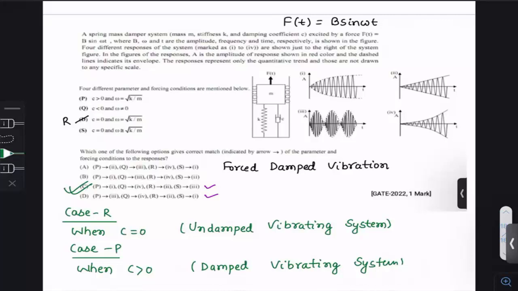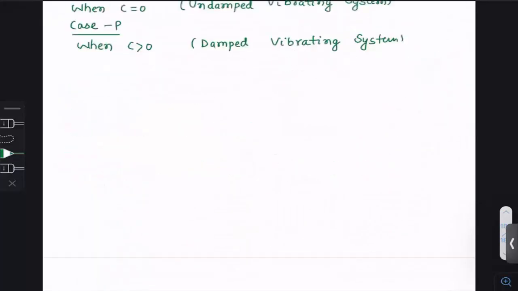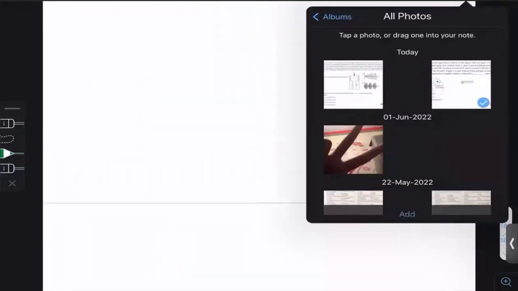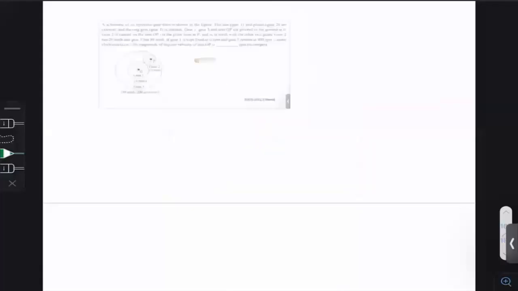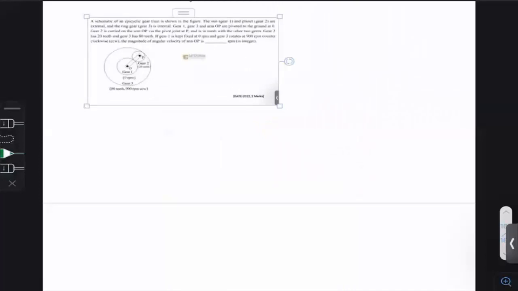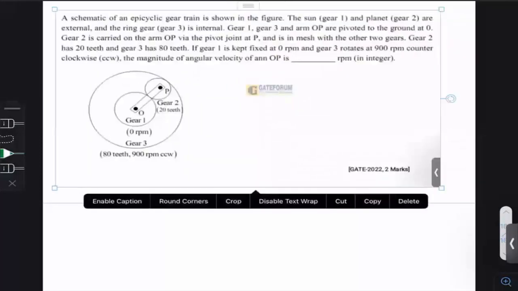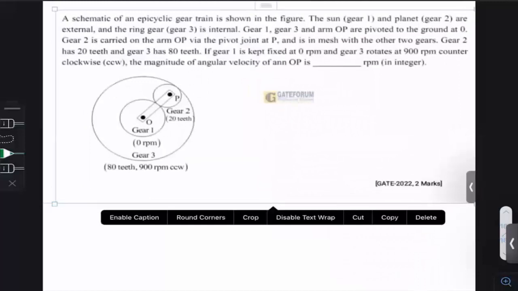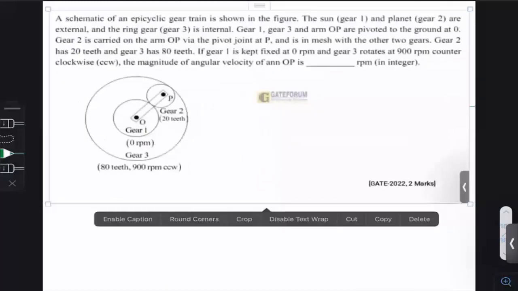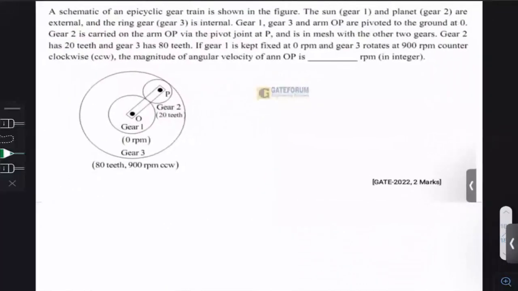Next part, guys, see. Next part, what can we do here? See, this is also a problem from the epicyclic gear train. So maybe you guys are aware of the epicyclic gear train problem.